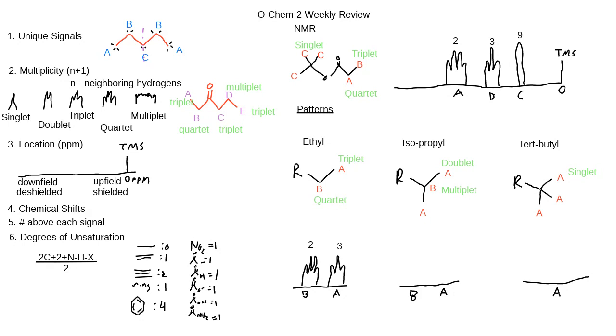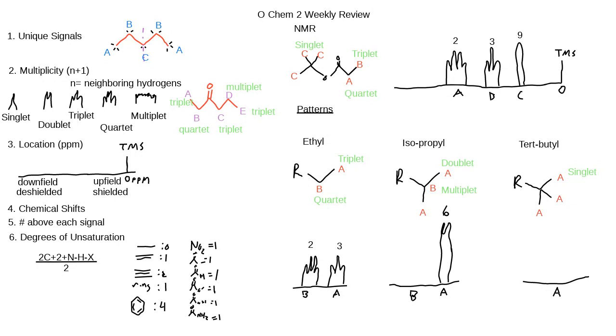Now for isopropyl, A, because it has 6, it's going to have a larger or taller peak because its abundance is higher, and it should say 6. And for B, because it has 7, it should technically be a multiplet, but we're gonna draw all 7 peaks.